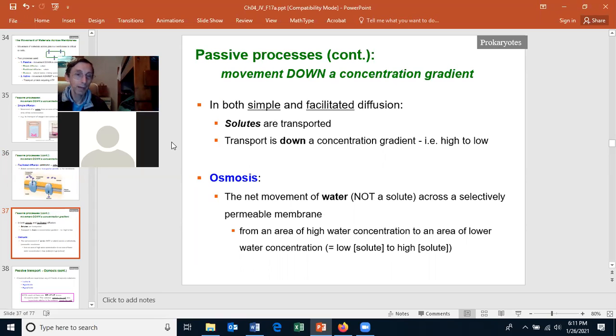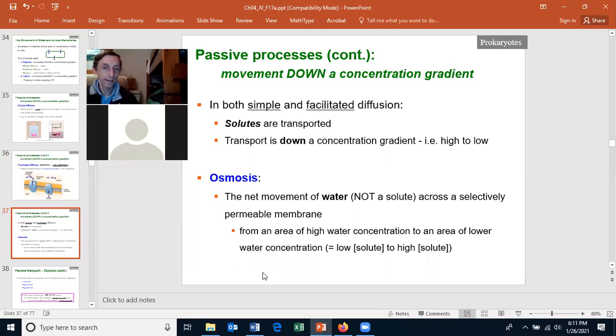Now there's a problem here, and that is when we're talking about things moving like water, you have to remember that we have it defined by tonicity, and tonicity is going to be the opposite of water, because water is the solvent and the solute is how we define tonicity.